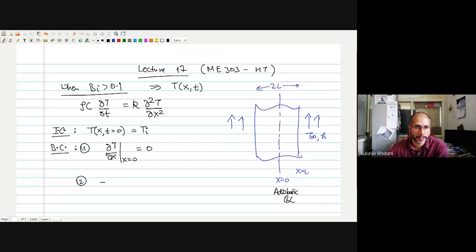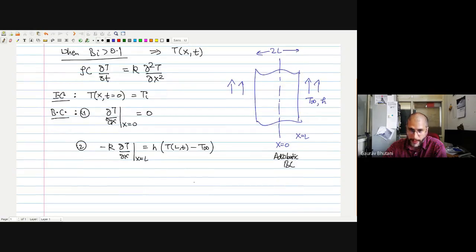So what we get is minus K times del T by del x at x equal to L is the Q convection, which is h times T at L comma time minus T infinity. So these are the initial and boundary conditions, and then we try to solve this.